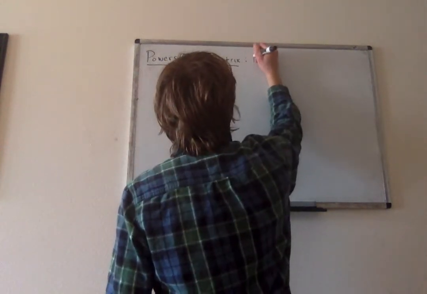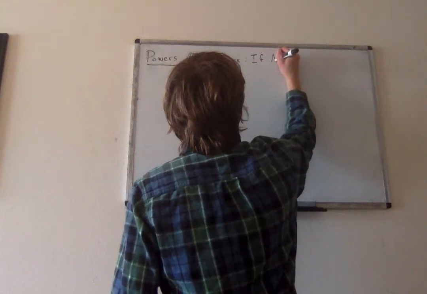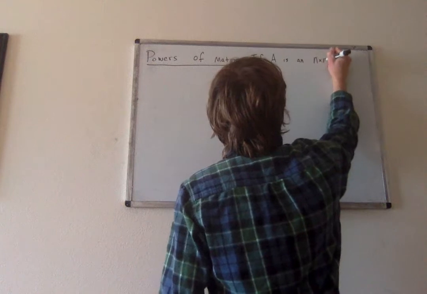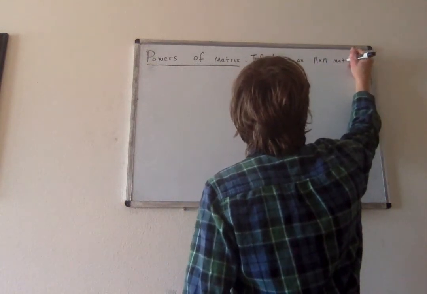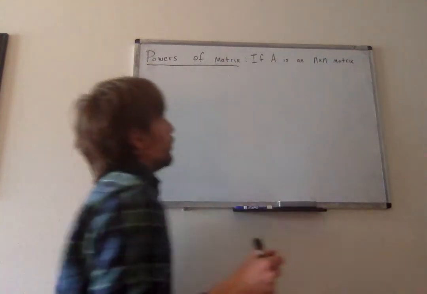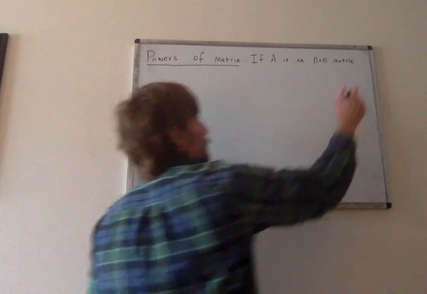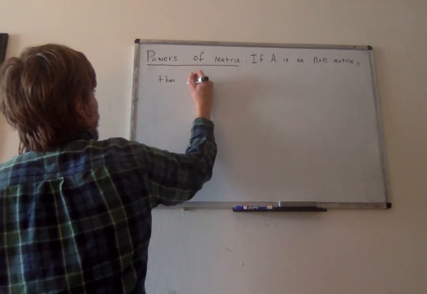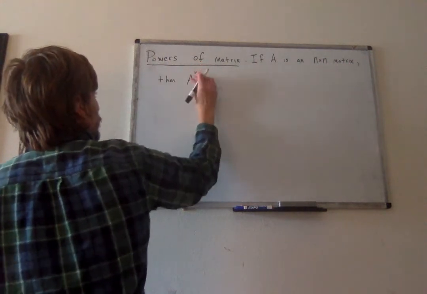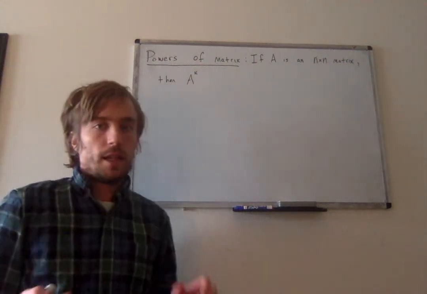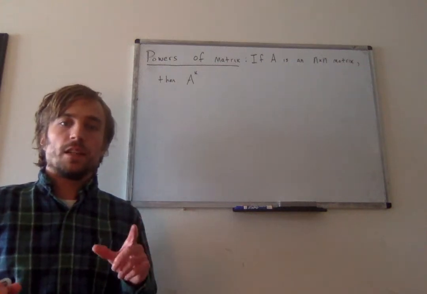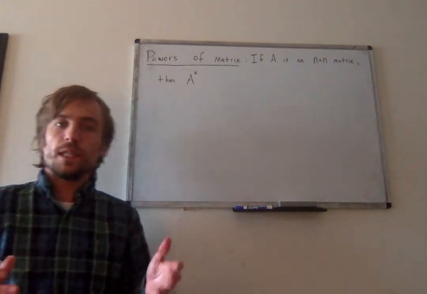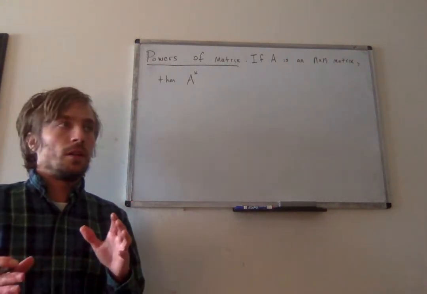So if A is an n by n matrix, right, so it has to have the same number of columns and rows, then we say that A to the k, where here k is a number. And I'm specifying here that k is a number because we're going to introduce something where we really get to see some of the limitations of notation of math in a second.